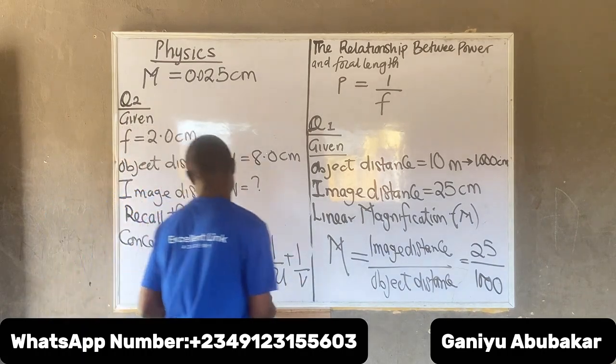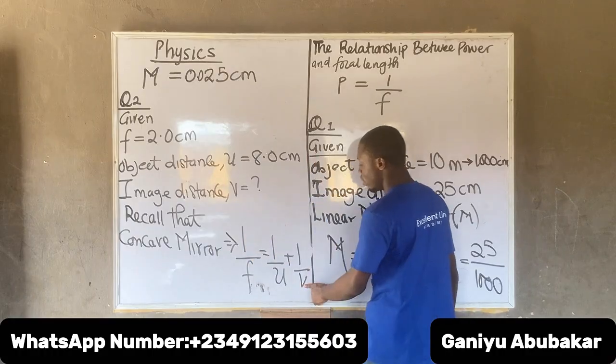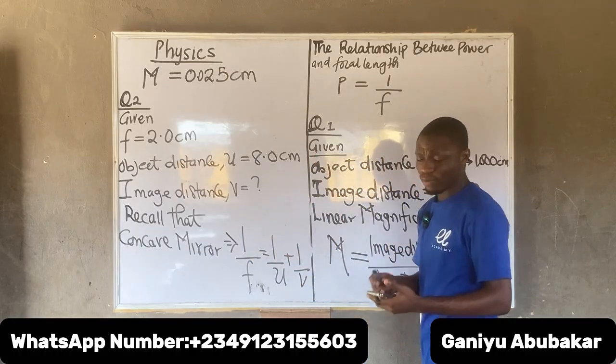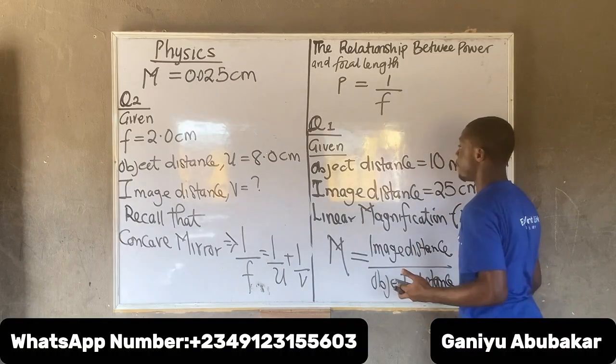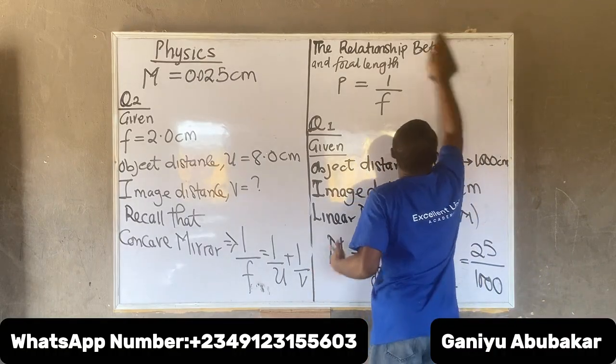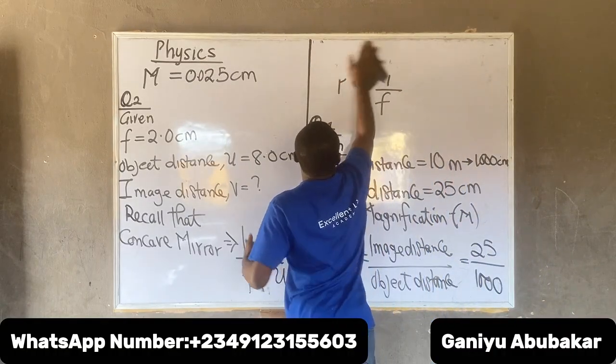So I'm asked to find this v. Let's substitute in the values and see what we arrive at.